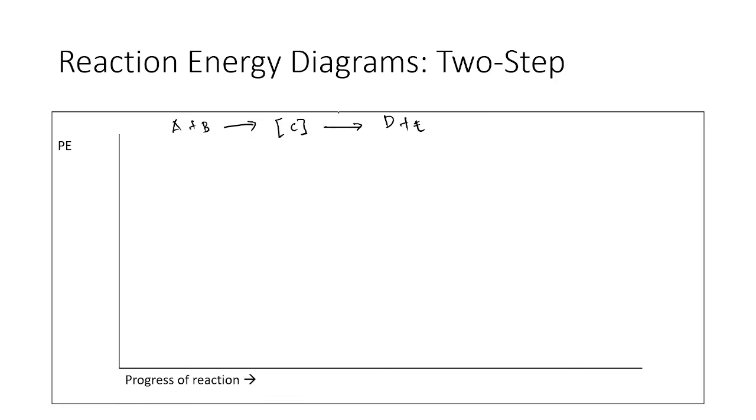Paano natin ipapakita yung ganitong reaction? If you imagine, this is again our potential energy, and this is again the progress of the reaction, we will have here dalawang transition states. Meaning to say, it can look like this. We have here that, and another peak, which is that.